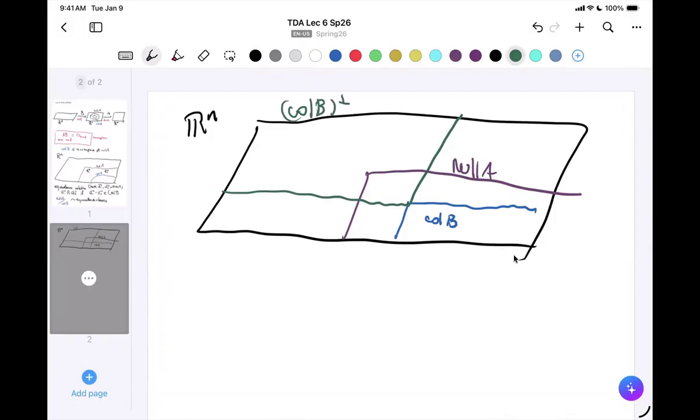When we were talking about the rank-nullity theorem, we said that the orthogonal complement to the column space is the null space of the transpose. It's a bit of a word salad, but this is the null space of B transpose.